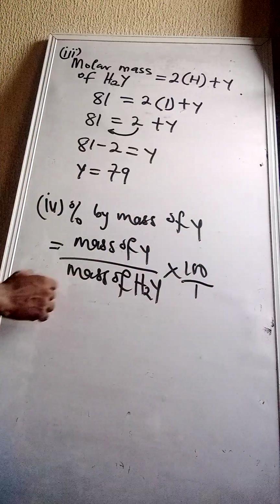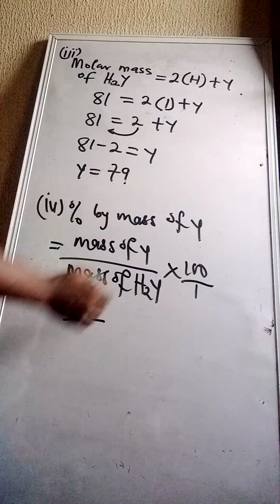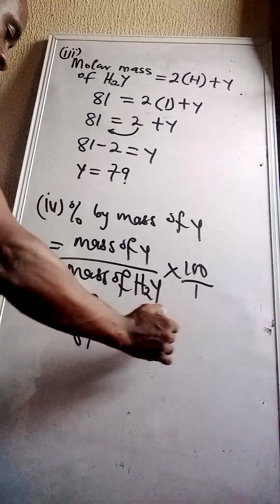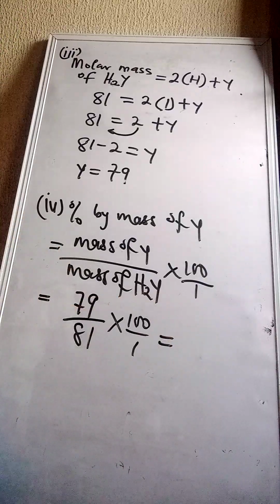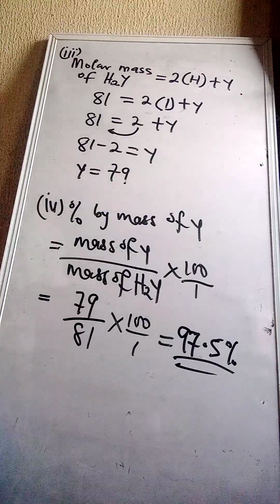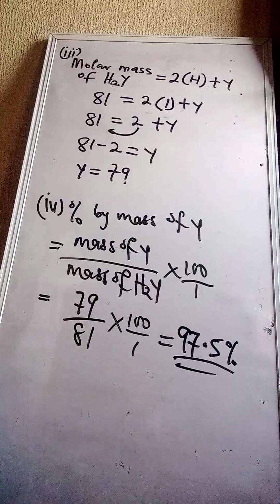By substitution, mass of Y is 79 divided by 81 times 100. Let's see what that gives. So the percentage by mass of Y in H2Y is 97.5%.